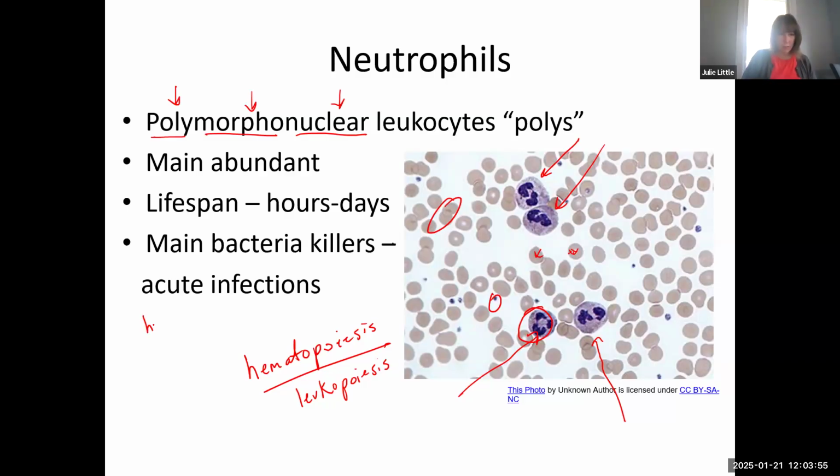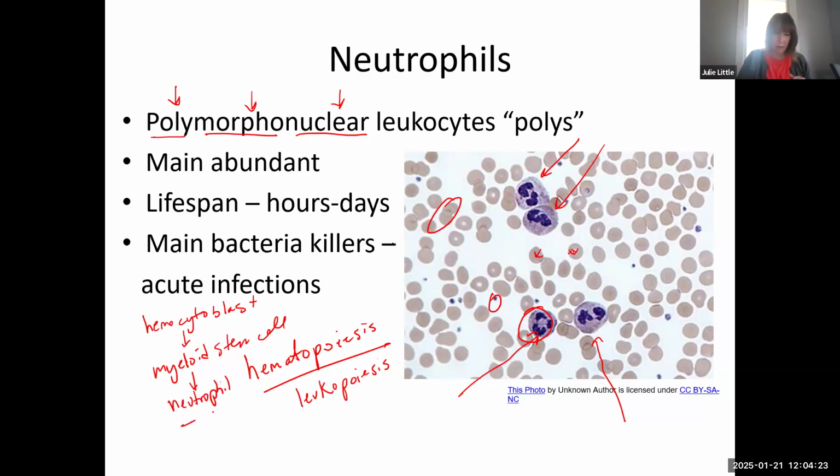In this case, that hemocytoblast will differentiate into a myeloid stem cell. Please refer back to that lecture. That myeloid stem cell can become erythrocytes and platelets and all the other kinds of white blood cells as well, except for one type. And it will become eventually this neutrophil.